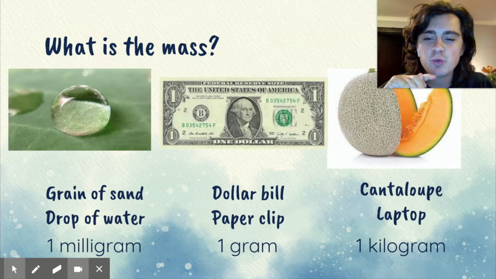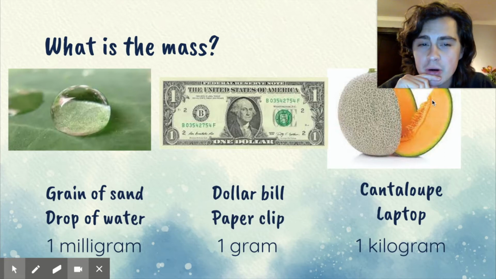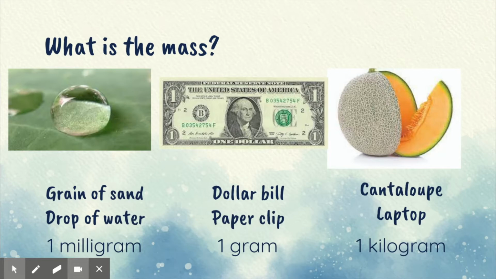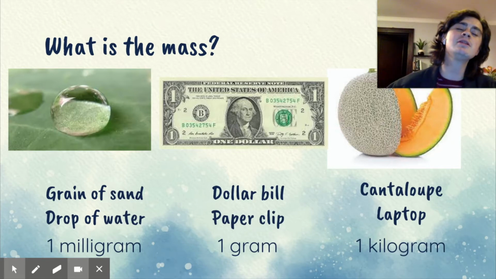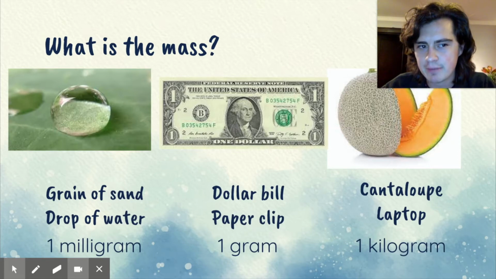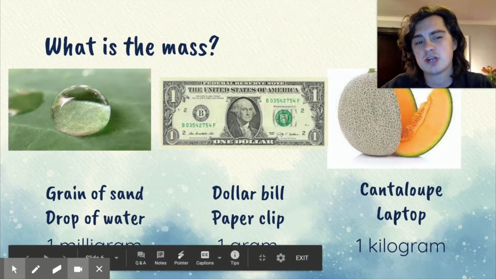And the answer would be about 1 milligram, which if you'll remember is what? What is the prefix for milligram? It's 1,000. So a milligram is 1,000th of a gram, very small, and that would be a grain of sand or a drop of water.